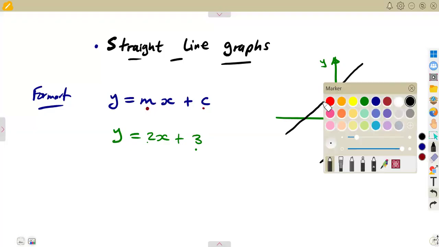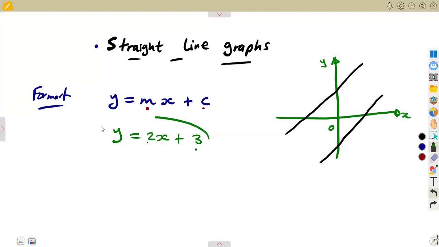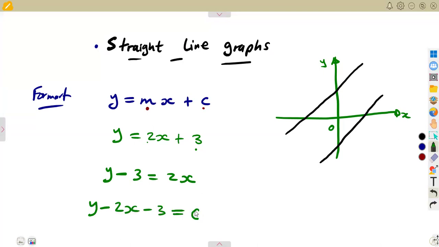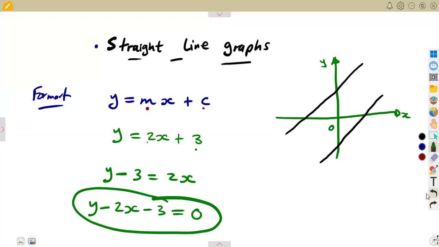Whether we transposed these, it's now y minus 3 is equal to 2x, whether we transposed these to the other side, y minus 2x minus 3 is equal to 0. It's still a straight line.